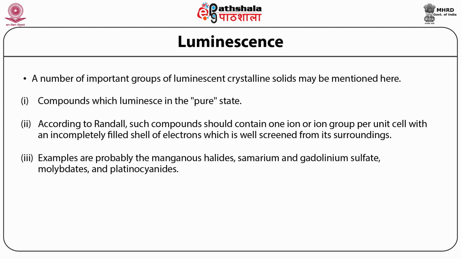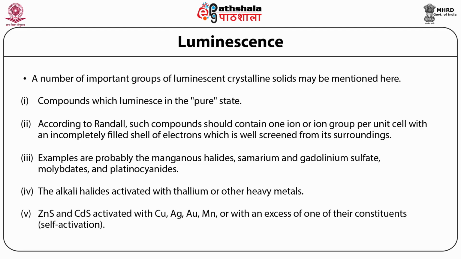Examples are probably the halides, samarium and gadolinium sulfate, molybdates and platinocyanides. Second, the alkali halides activated with thallium or other heavy metals. Third, zinc sulfide and cadmium sulfide activated with copper, silver, gold, manganese, or with an excess of one of their constituents.